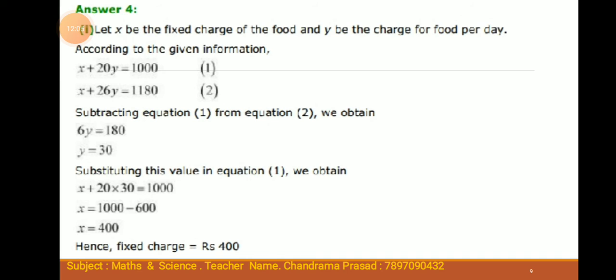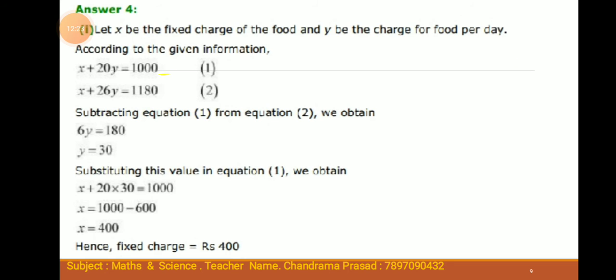Now, first, let x be the fixed charge and y the charge for food per day.